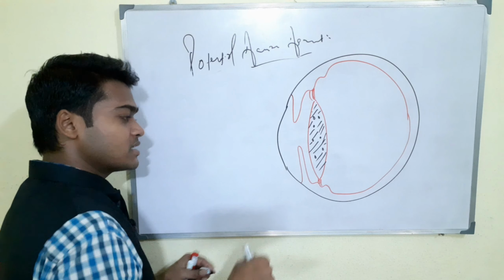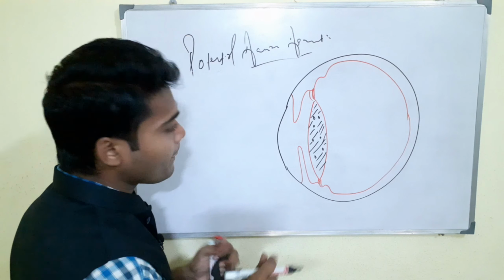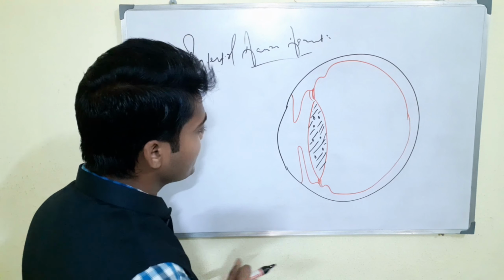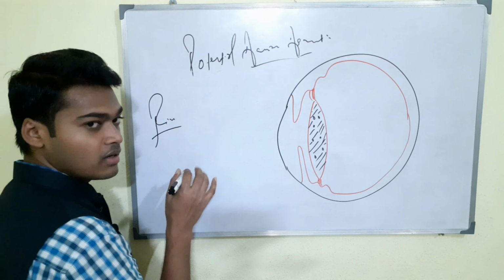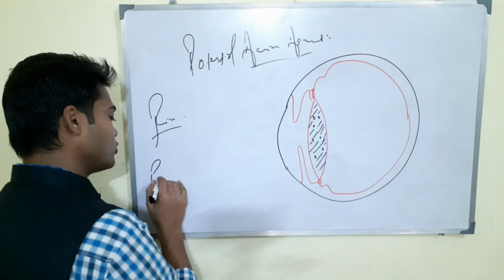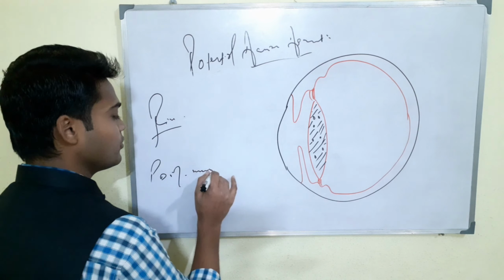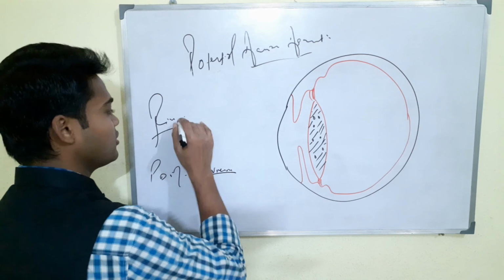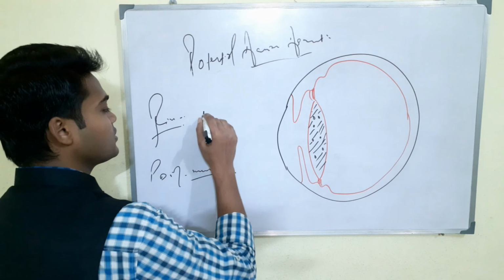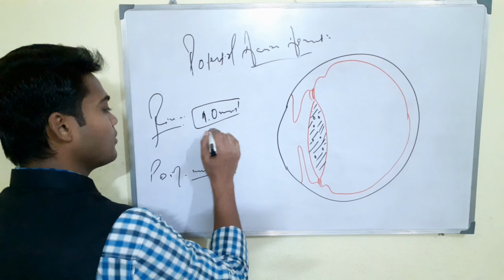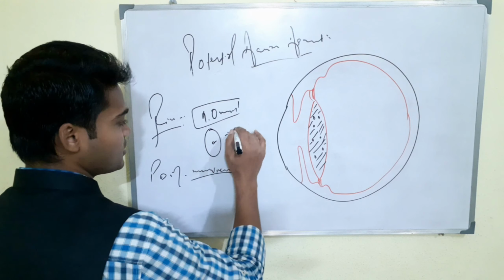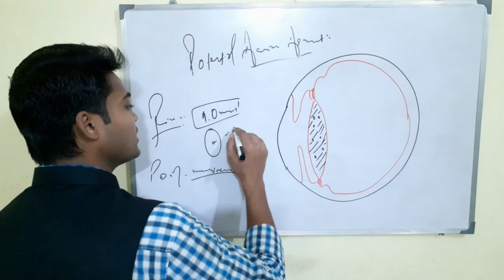The potential acuity meter is also based on the pinhole principle, but here there is a Maxwellian view. Assume a 1 mm aperture is good for passing the ray without any diffraction.